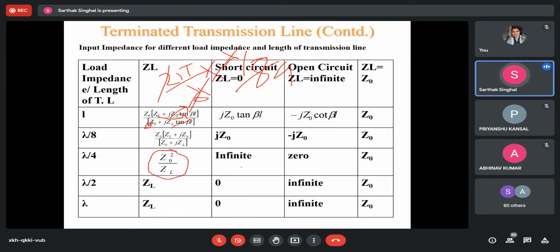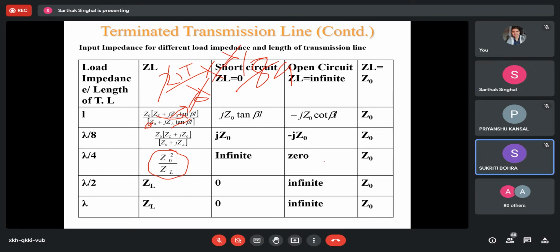So that quarter wave transformer line which is terminated with a short circuit will act as an open circuit. And similarly, the quarter wave transformer line terminated with an open circuit, or infinite impedance, will act as a short circuit, right? If we replace ZL with infinity, it will lead to 0, right?